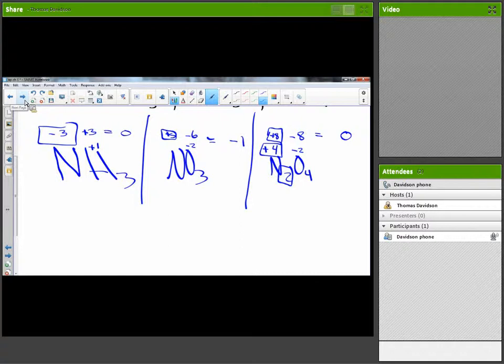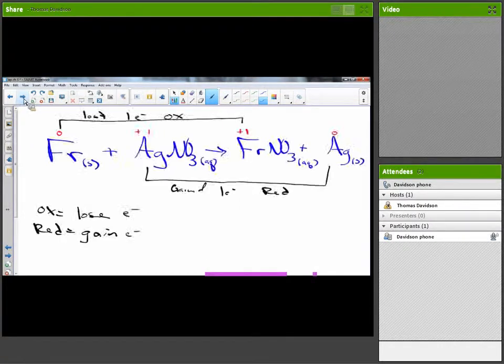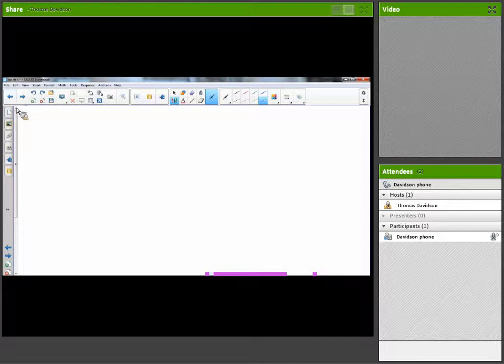Oh, dang. Okay. All right. There's that from last hour. All right, here we are. Now we're going to talk about a true redox reaction. All right. So first thing is what we just taught you. That's how to find oxidation numbers. But now we're going to use them in a reaction to account for what really happens.